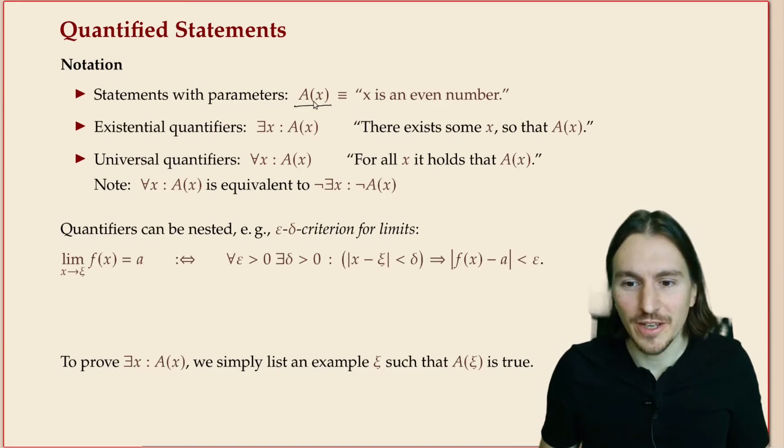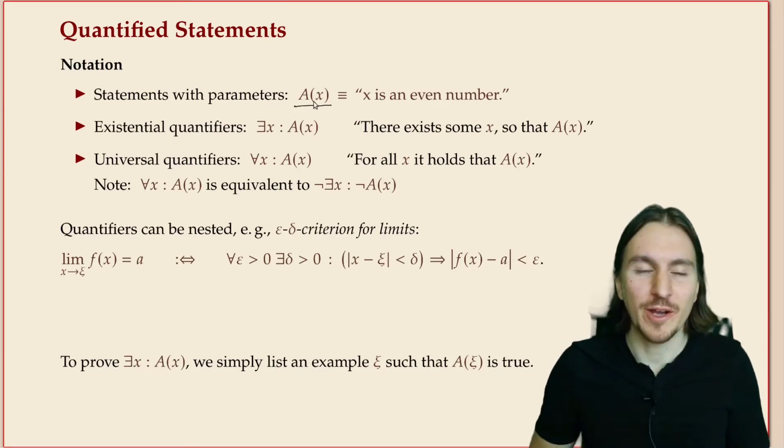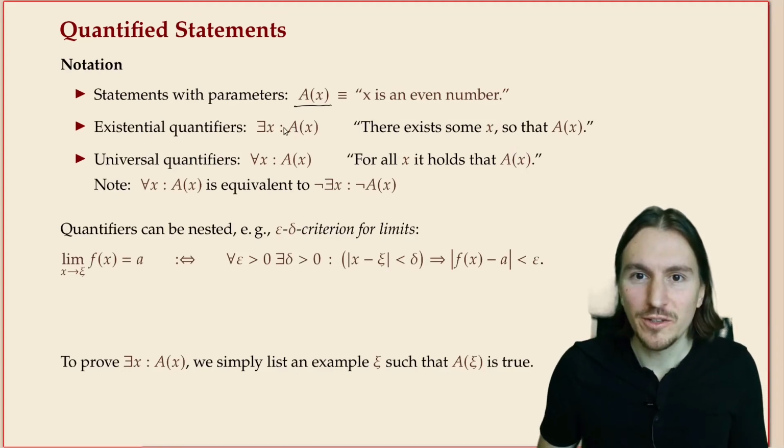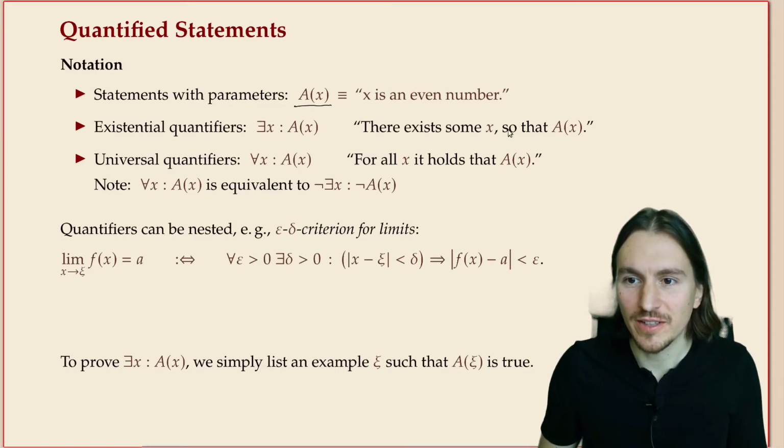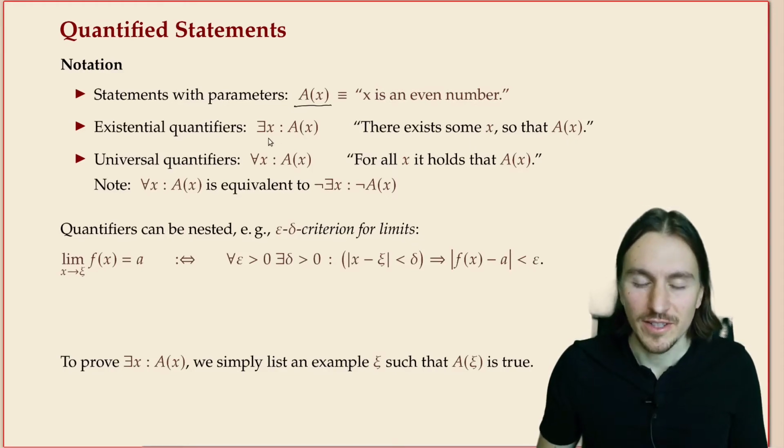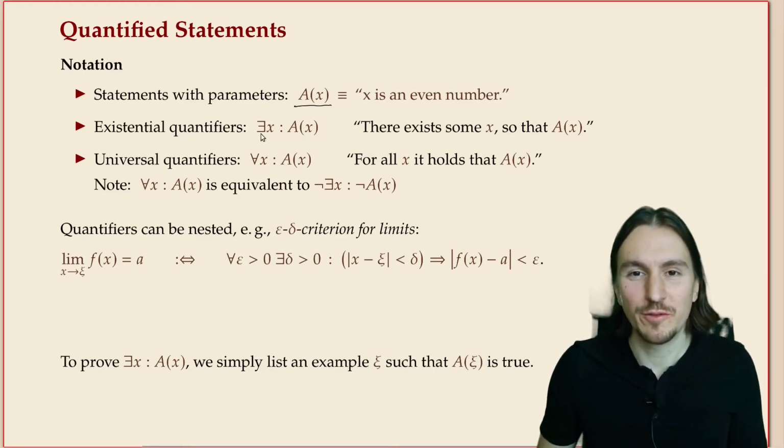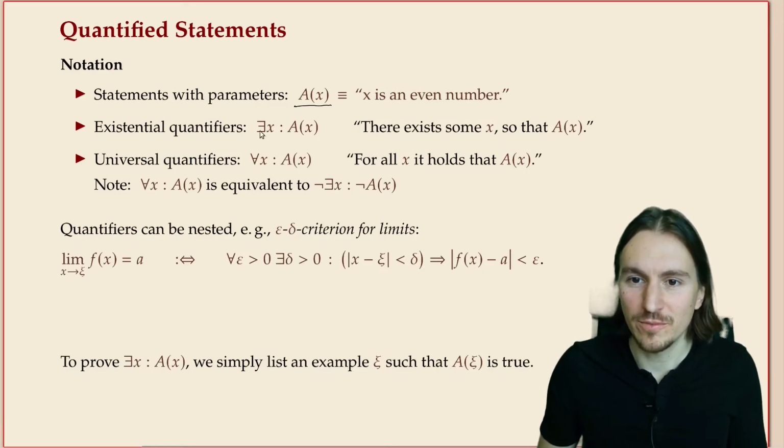If we have such a generic statement, a family of statements, we can do two things. We can put an existential quantifier in front of it, and that's the statement that there is some value of x so that the statement is true. That's something we sometimes need. So you just have to find one example where it's true, then this statement is true.